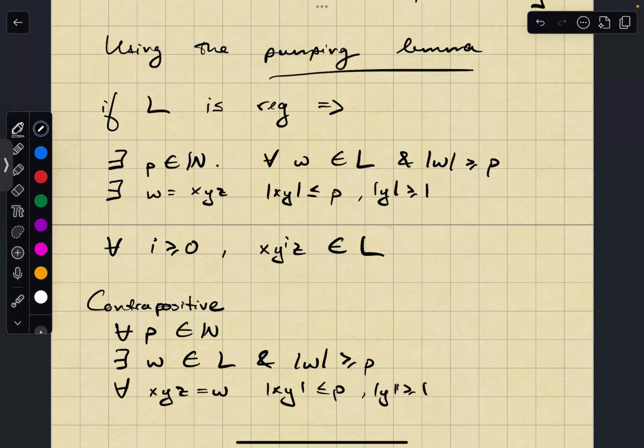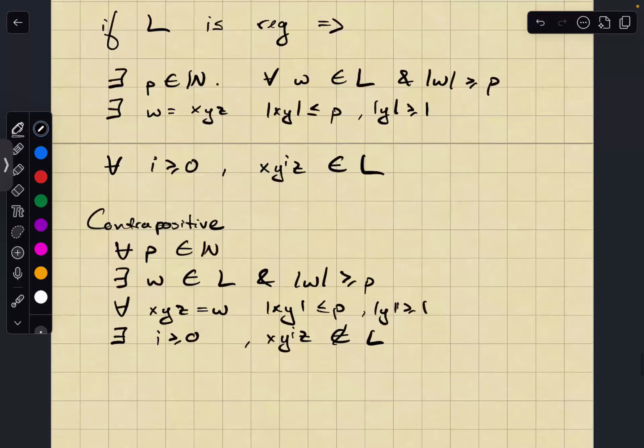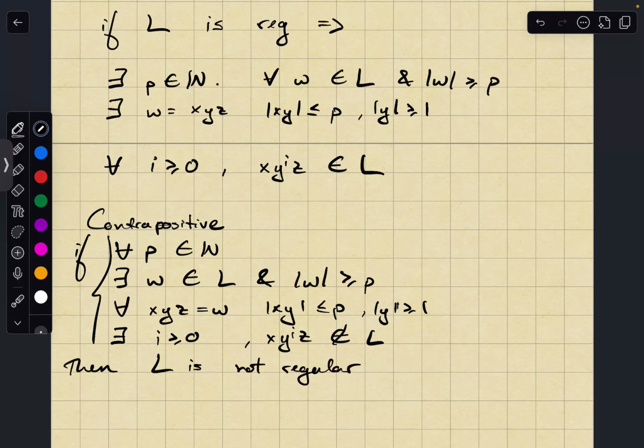You can find at least one i such that xy^iz is not in L. And if you have this, then it implies that L is not regular, just by the contrapositive.